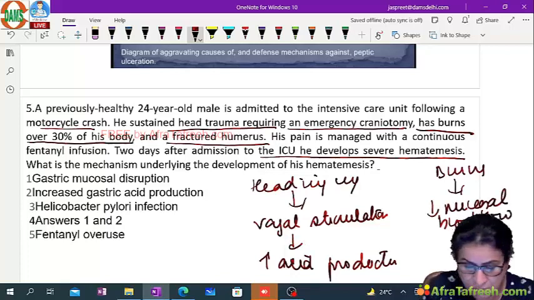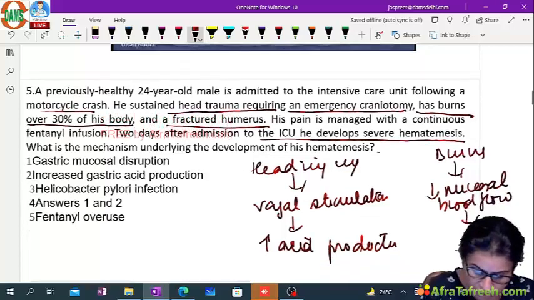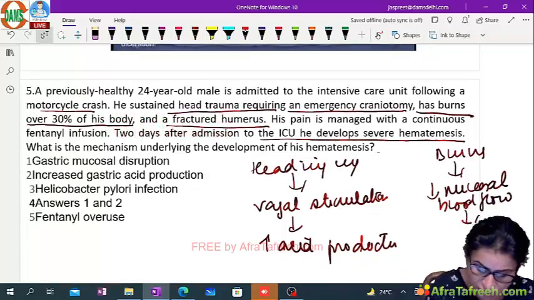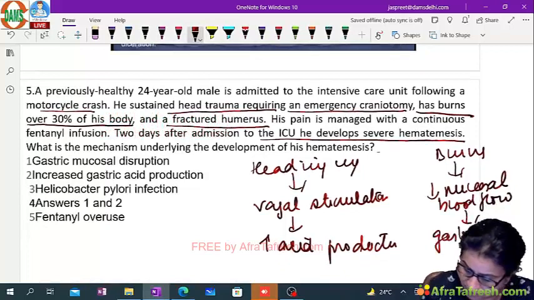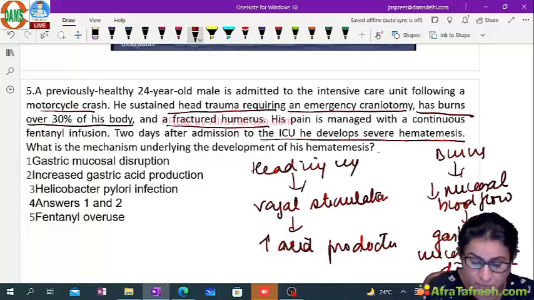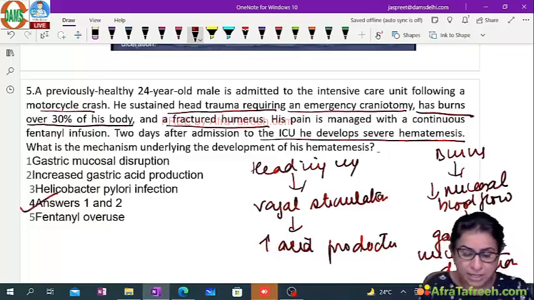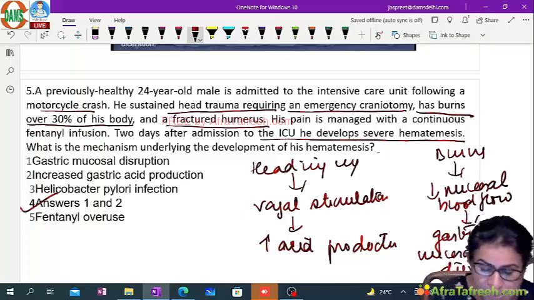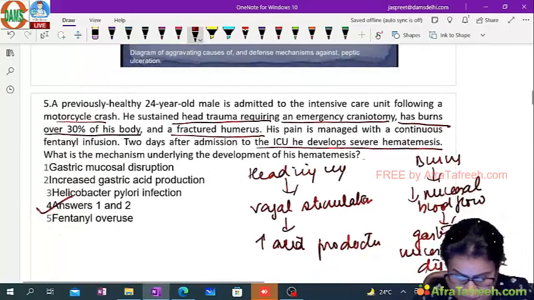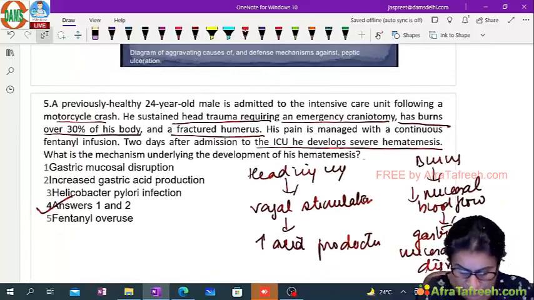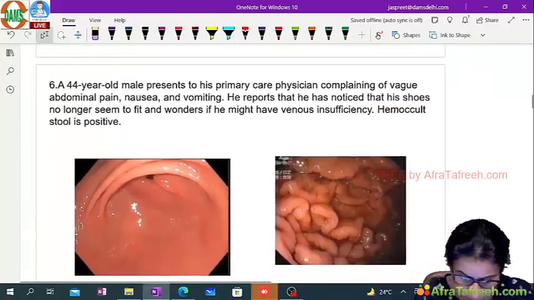And decreased mucosal blood flow will lead to gastric mucosal disruption. So both these factors are operating here. So answer is yes, Rishita is correct. So answer is 1 and 2. Abhay is also correct. That is answer 1 and 2.